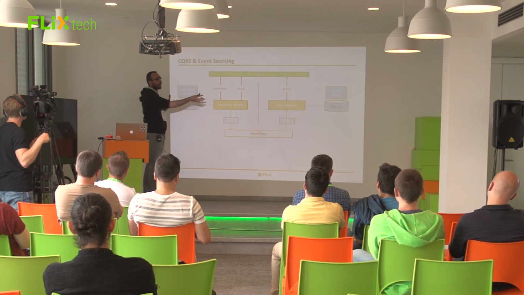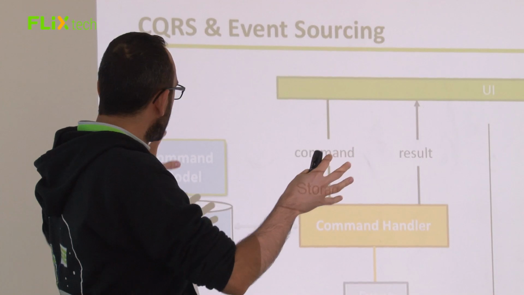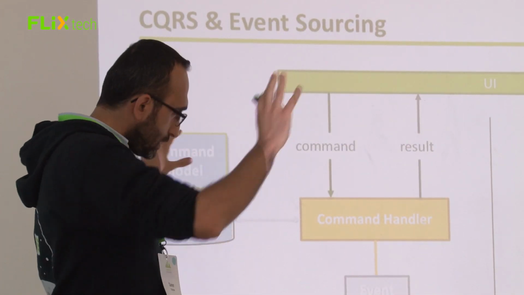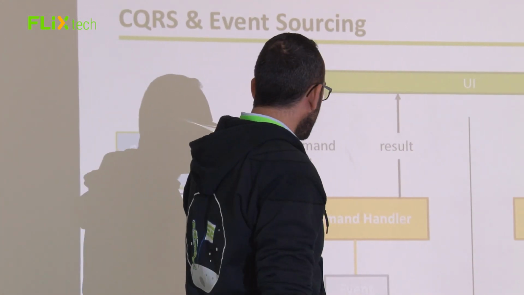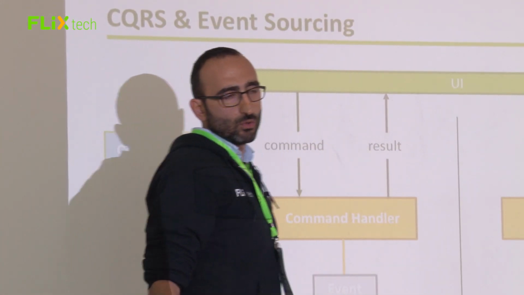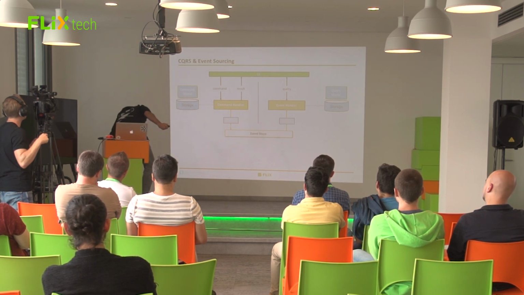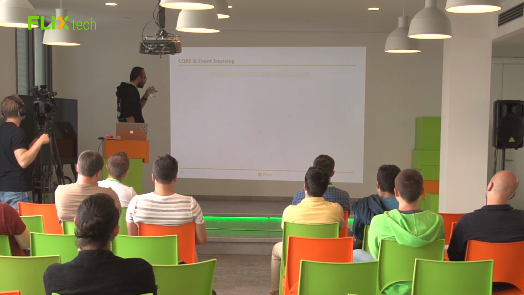Each of them has its own local representation of the state, in which the command model and the query model are stored on each side. And they communicate, as we said, through events, through the event store. So let's take an example of the workflow.